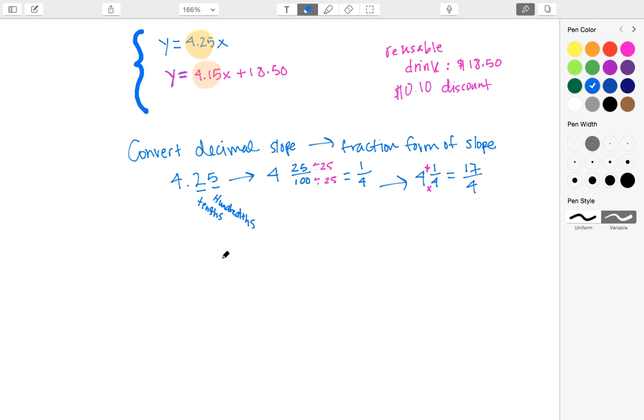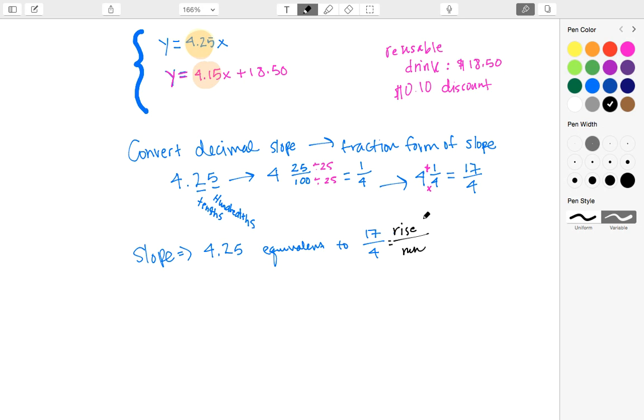So we can say that 4.25 is equivalent to 17 over 4, right? And so that's our slope. So then we can say this is our rise over run. Okay, so that's how you can start graphing. So you would rise 17 and run 4.